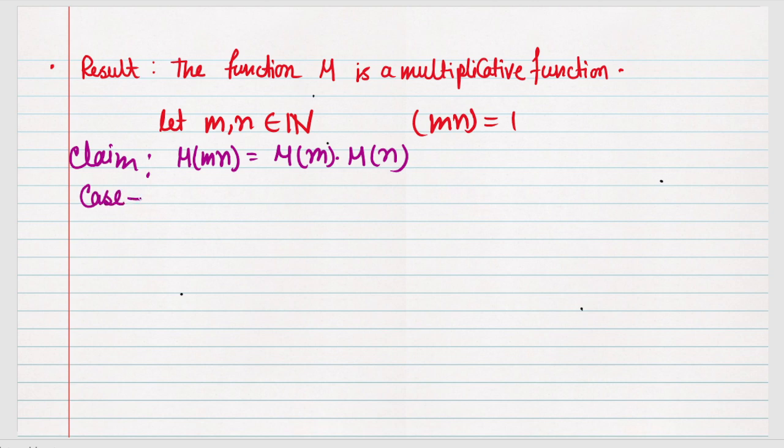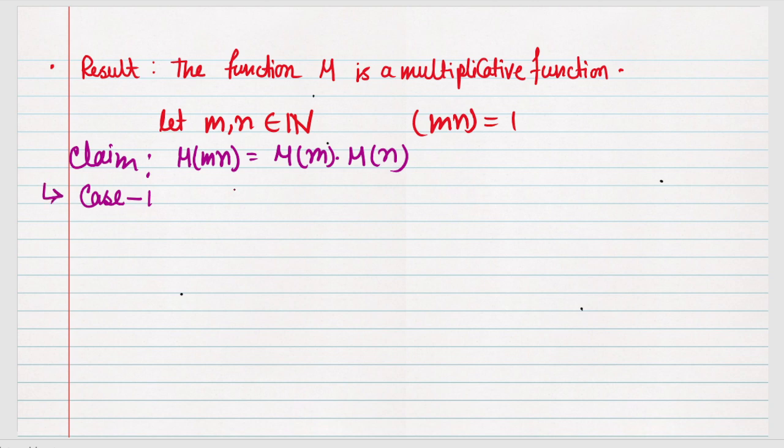As in our first or second lecture, where we proved that tau or sigma is a multiplicative function, we start with case 1, where m equals 1 and n equals 1.